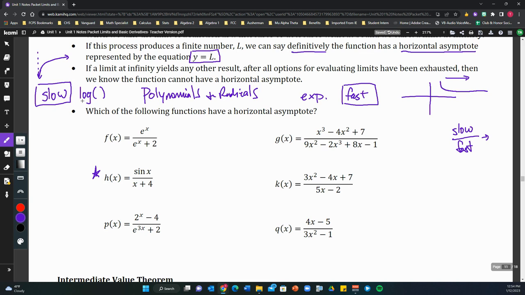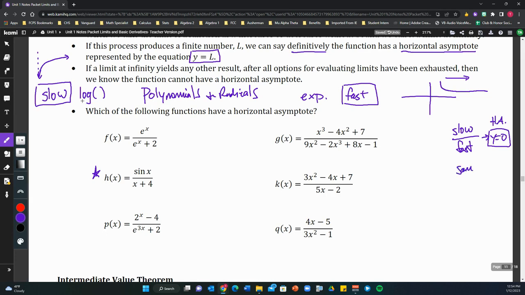It may be approaching a constant value, so it's never going to change, or it's just increasing at a much slower rate than the bottom. When that happens, the gap between the value of the numerator and denominator gets much bigger very quickly, and because of that, we always end up with a horizontal asymptote at y equals 0.